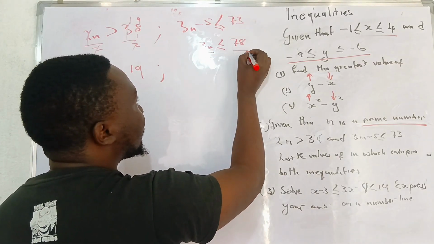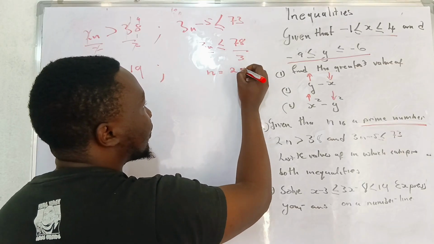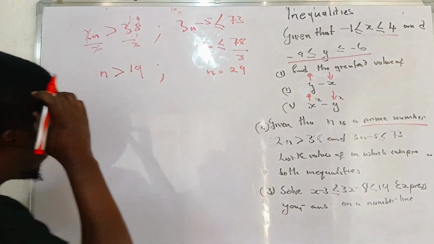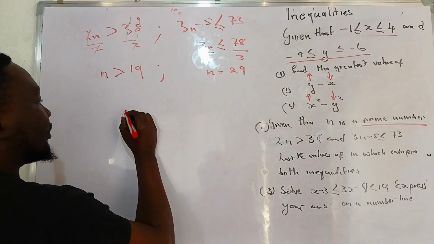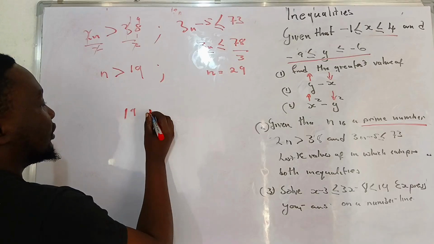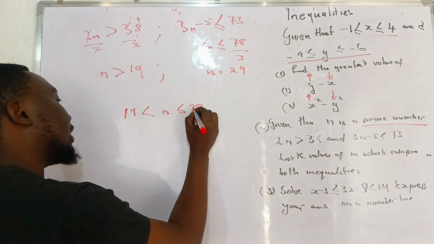Divided by 3, divided by 3, our n is 26. So we write our inequality with both ends: 19 is less than n, less than or equal to 26.